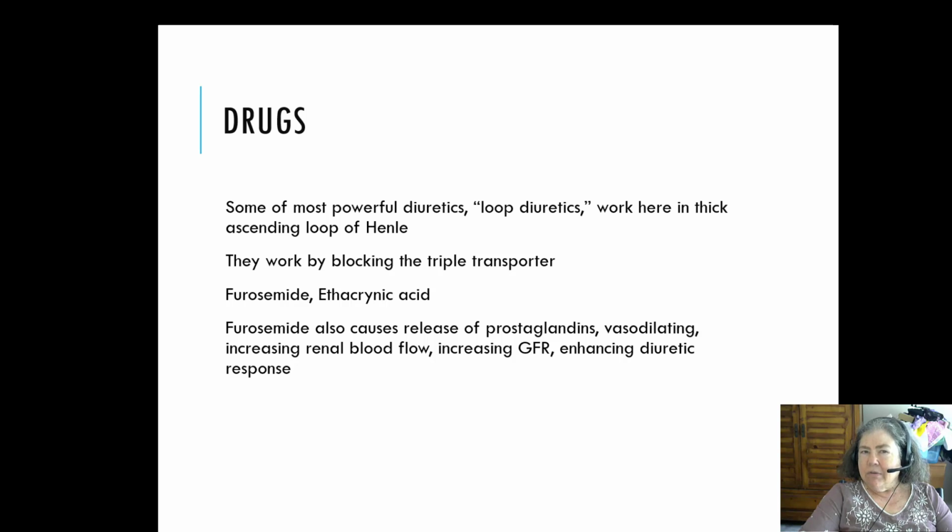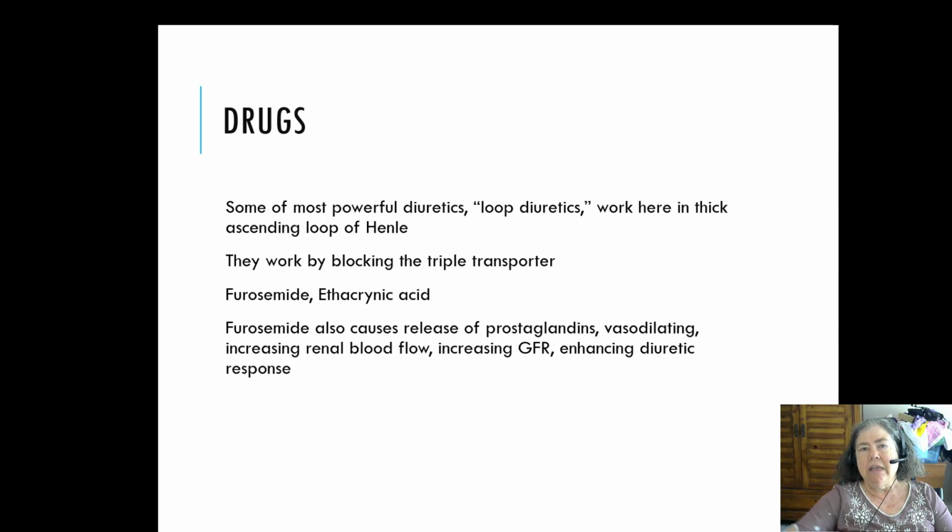Furosemide has other effects as well. In addition to blocking the triple transporter, it tends to be a vasodilator, which increases renal blood flow, which increases glomerular filtration rate. It releases prostaglandins, which are vasodilators, and that enhances the diuretic response.